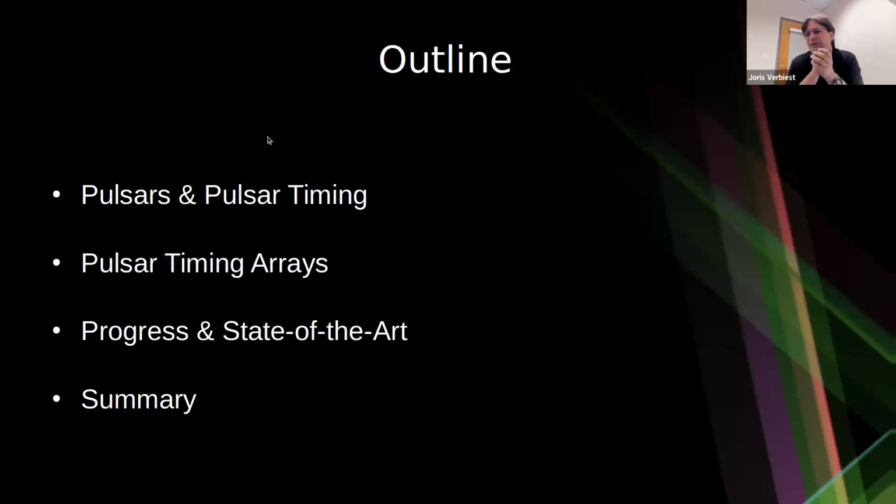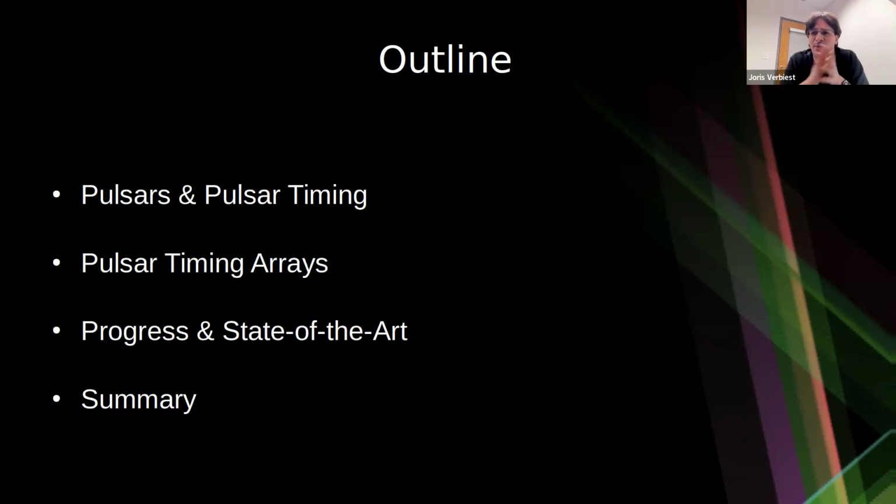So to briefly lay out the map of the coming hour or so, I'll give a very brief introduction to pulsars, just to situate where we are in terms of the sources that we use for this experiment. Then I'll go into pulsar timing arrays, and particularly how that works, along with some of the more technical details.